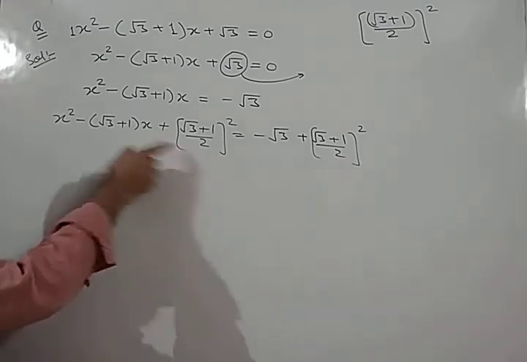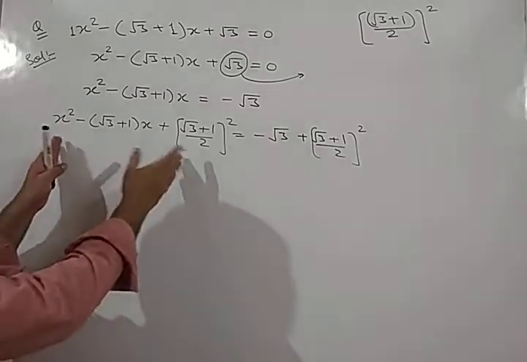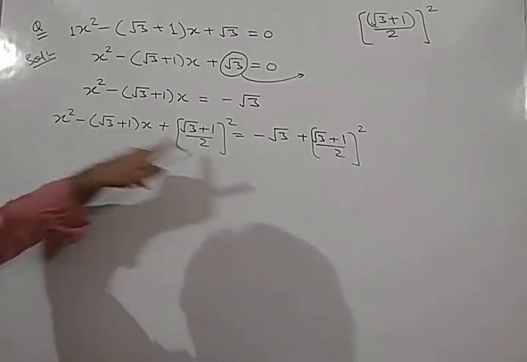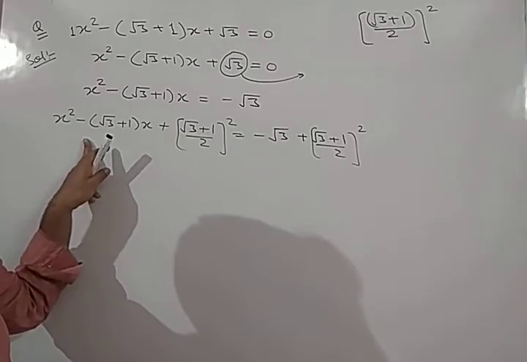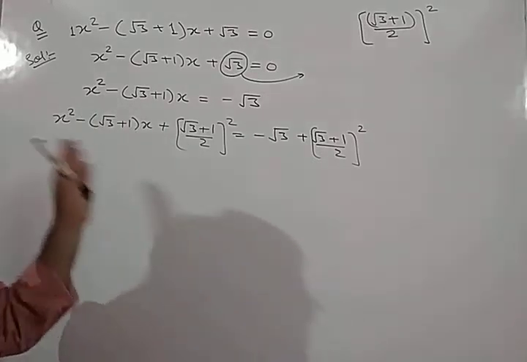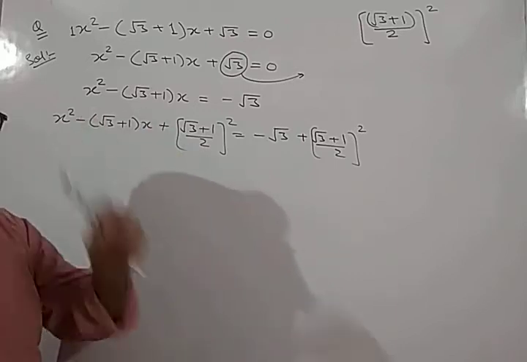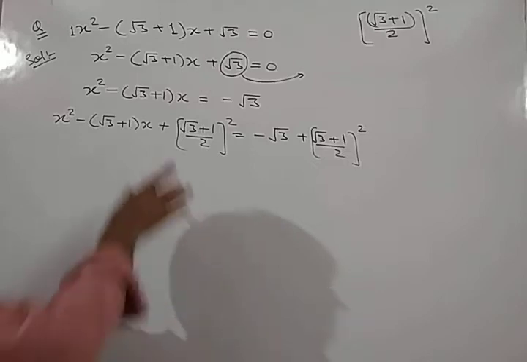Now this will form the identity. I have told you in the previous question also, you can write the identity directly. This is a square, this is b square, and the middle term will automatically form 2ab. If you are able to form it, then it is better. If you are not able to, you can write the identity directly, and you will get full marks. No marks will be deducted in this step.